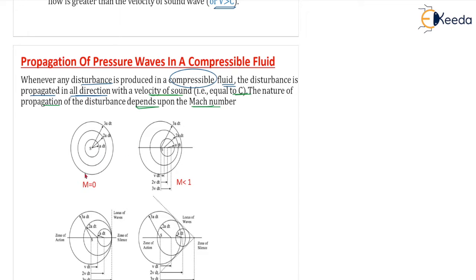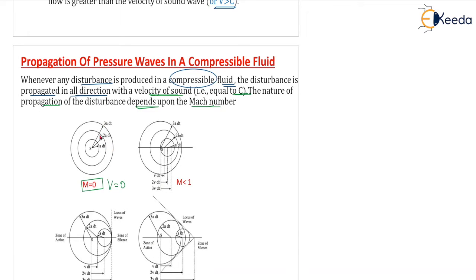So in this case Mach number is 0, that means your velocity is 0 exactly. Correct? Mach number 0 means the velocity of the object is 0. So what happens here? After time dt, a dt, where a is the velocity of sound, then 2a dt, 3a dt.